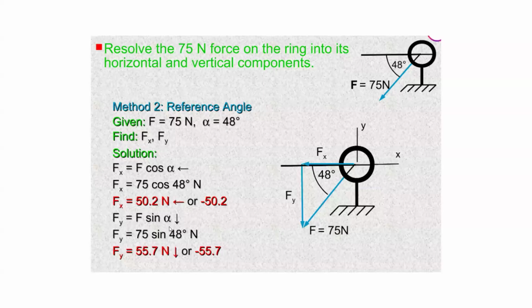Then here they may take the Fy in this question. Method 2: you can see the reference angle is 48, and find Fx and Fy. We can take the Fy. Here they consider Fy positive at the down direction, right?